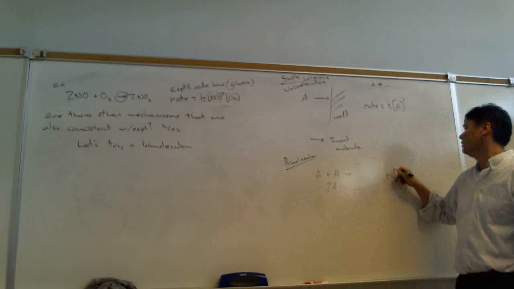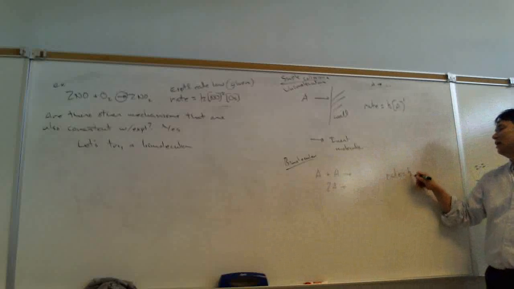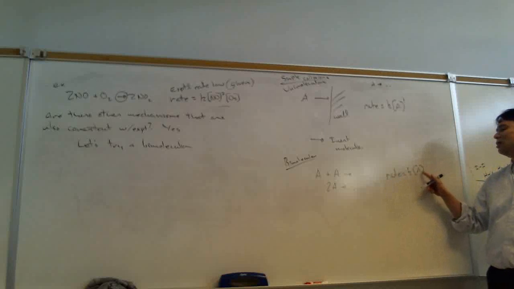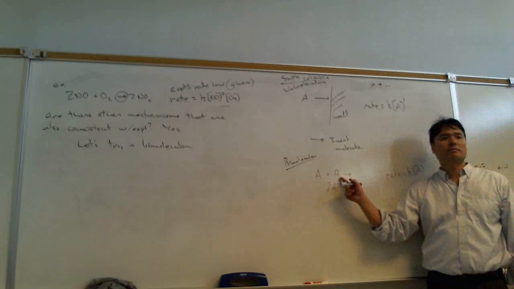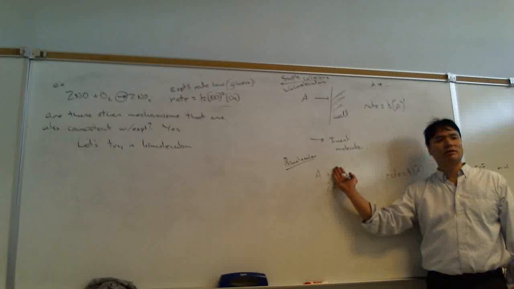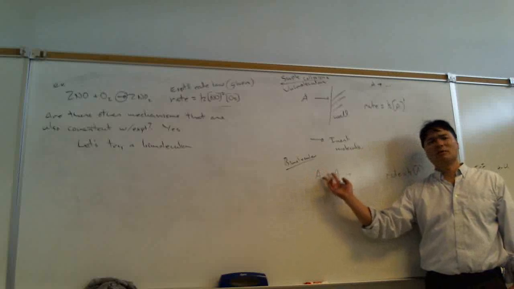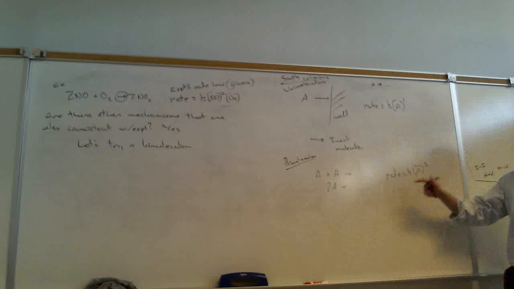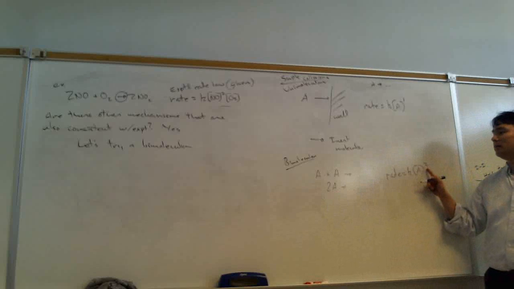And so the rate here will depend on both A's, the left A and the right A. But A is the same, so if I double the concentration of A, then the left A doubles and the right A doubles. If the left A doubles, we double the collisions. If the right A doubles, we double the collisions. And so if both A's double, we quadruple. And so it's going to be A squared. Do you see the coefficient 2 in 2A gives us the 2 here?